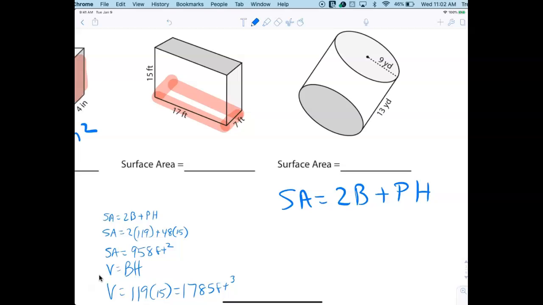You guys are brilliant. What is the base shape? A circle. So, for now, I'm going to go down and put surface area equals 2 pi r squared.